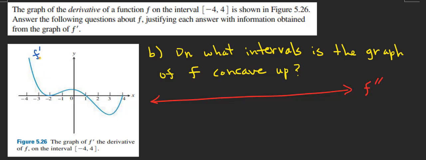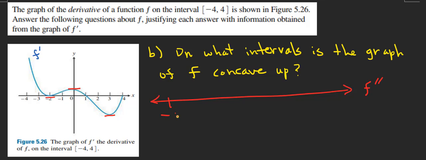So first, when is f double prime equal to 0? The slope of f prime. When is the slope of f prime equal to 0? That happens at -2, 0, and 3.